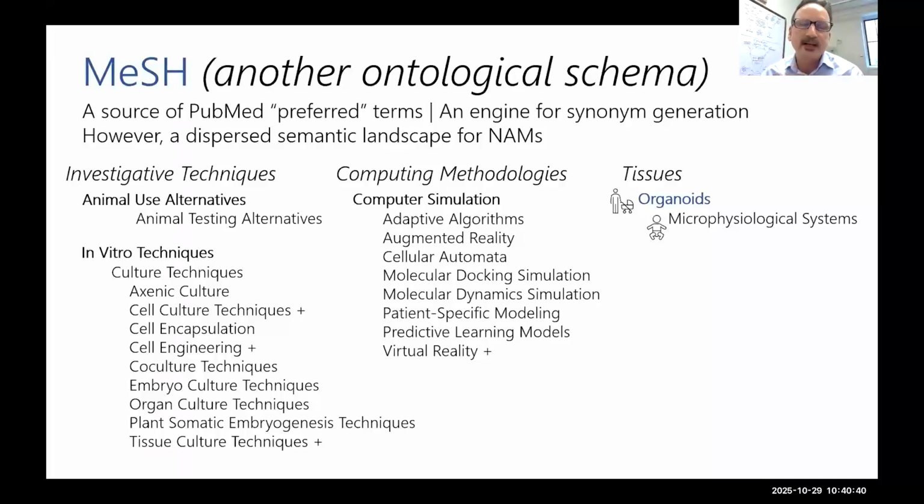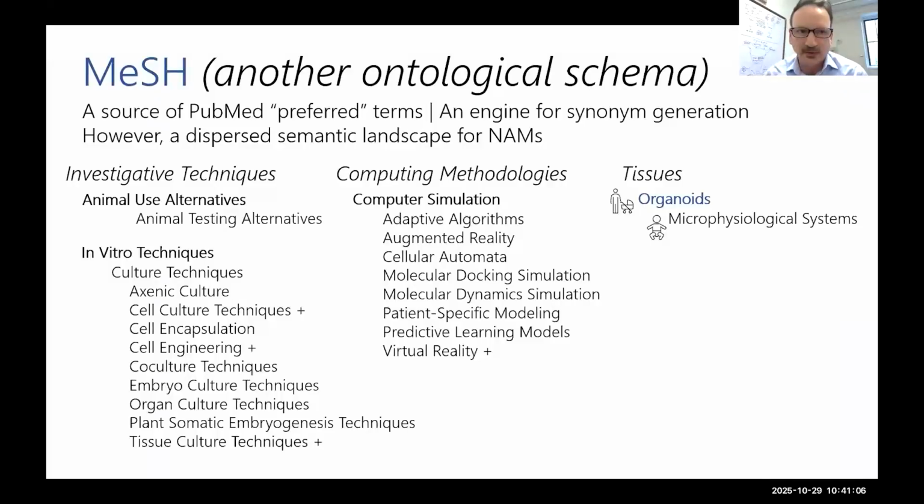And when searching PubMed, while you can use NAMO to interrogate MeSH and figure out how MeSH organizes things, when searching PubMed, you want to be using the way that PubMed is articulating or visualizing NAMs. And so we'll be using organoids, and at the same time, we'll be capturing microphysiological systems as well.